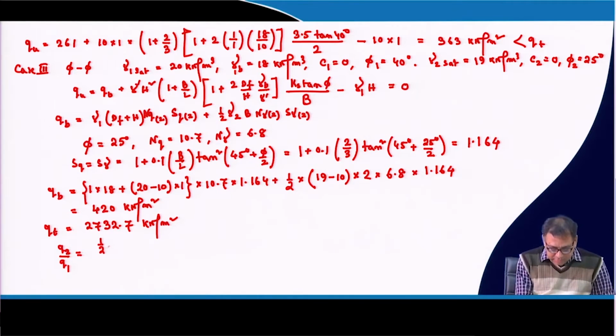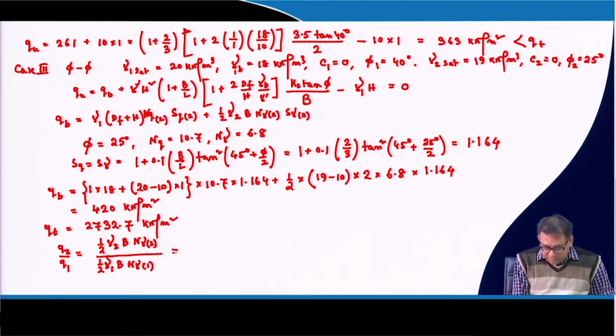Then the third term will be half into gamma 2 b N gamma 2, divided by half gamma 1 b N gamma 1.